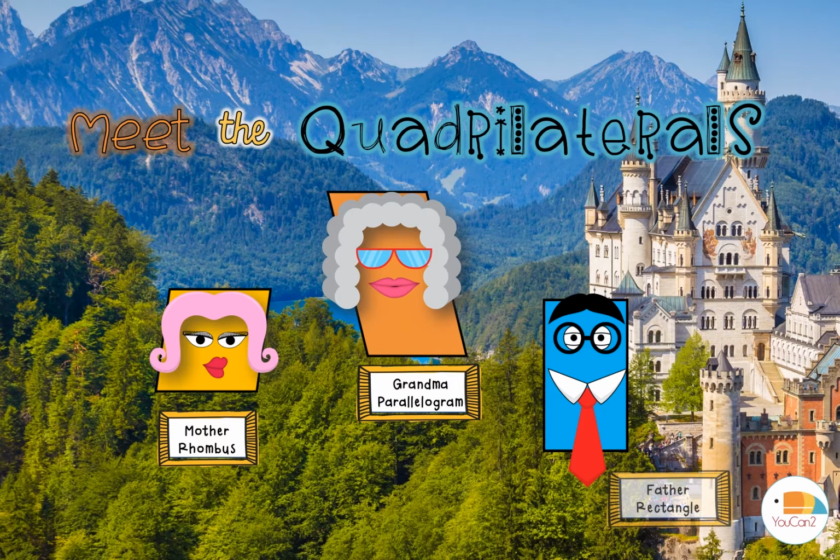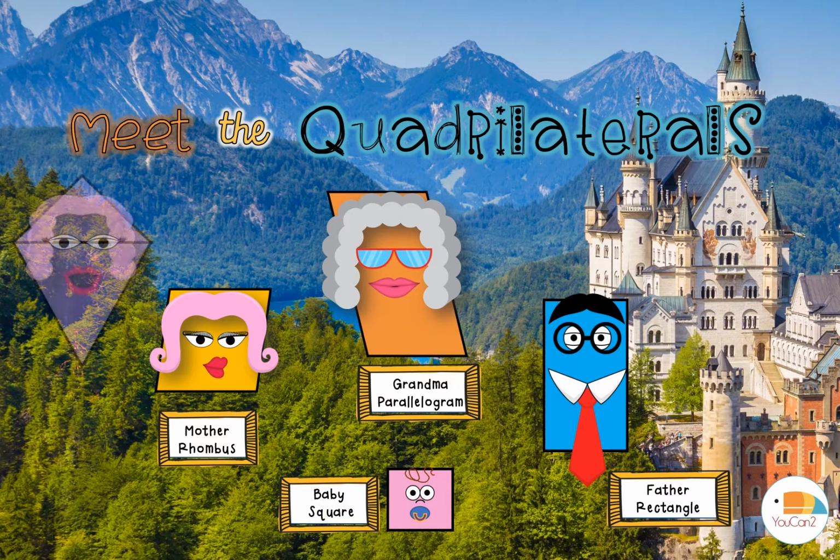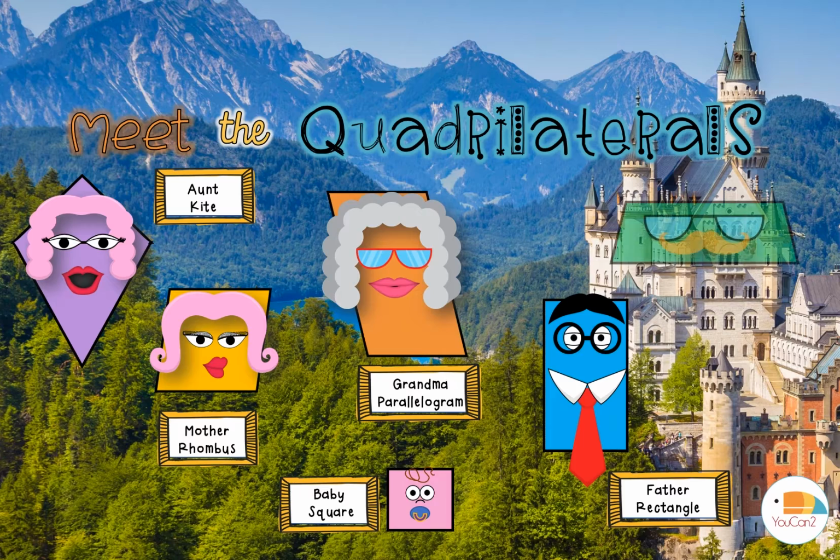Yes, he is. We can't forget Baby Square. And who else will be visiting? Oh, yes, Aunt Kite and Uncle Trapezoid. King Ucan welcomes you.